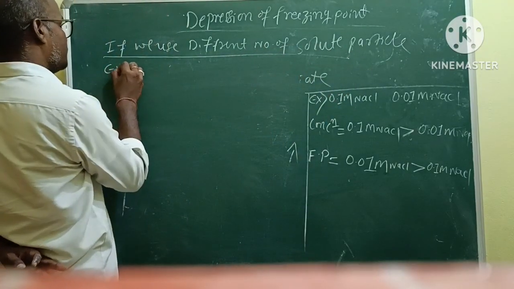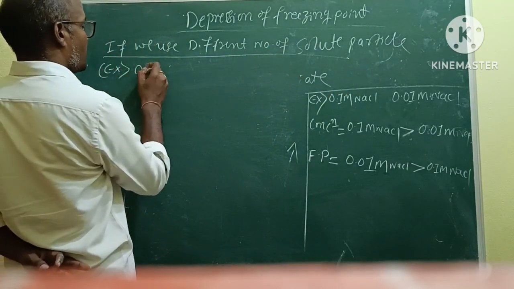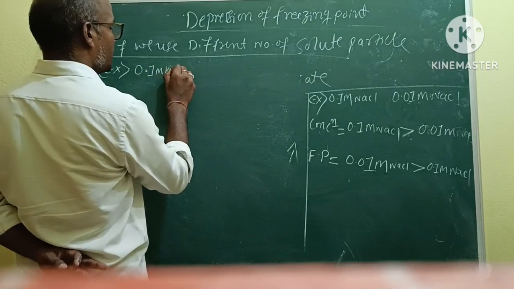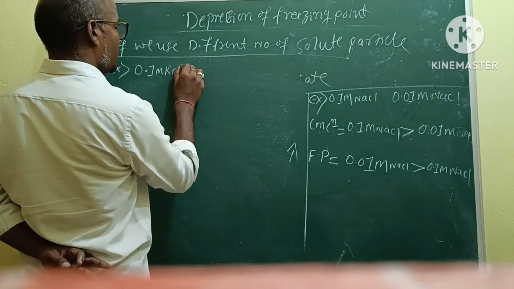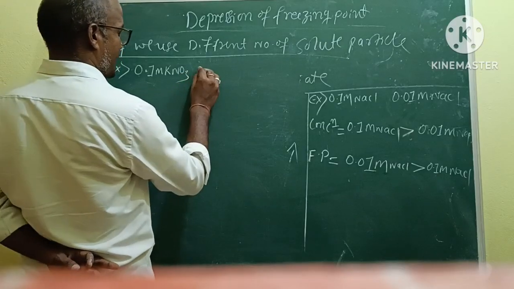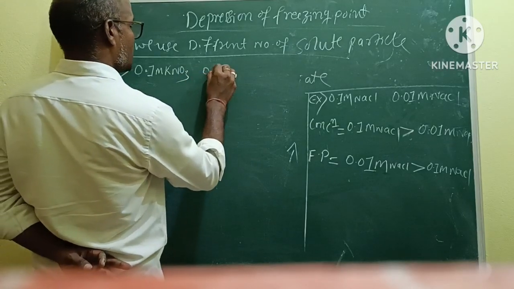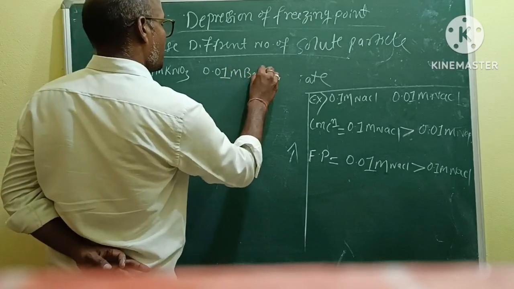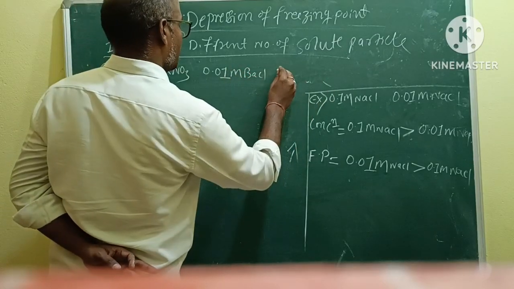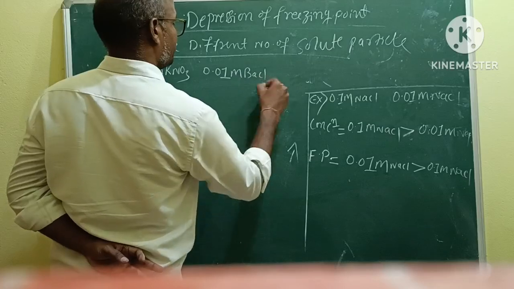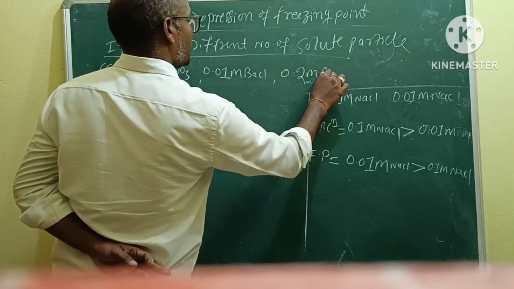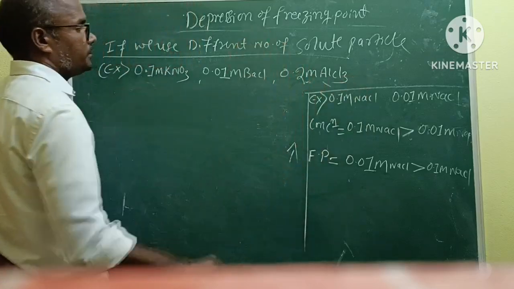For example, 0.1 molar KNO3, 0.01 molar BaCl2, and a third one, 0.2 molar AlCl3.